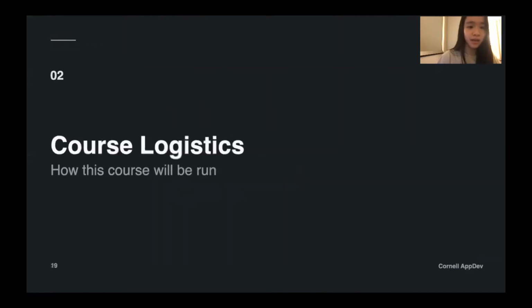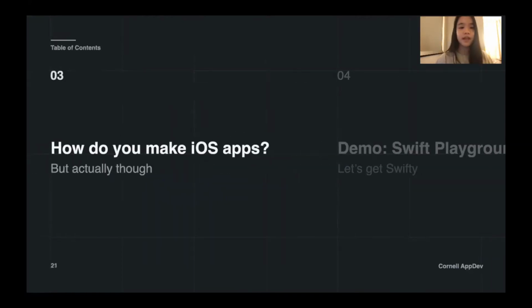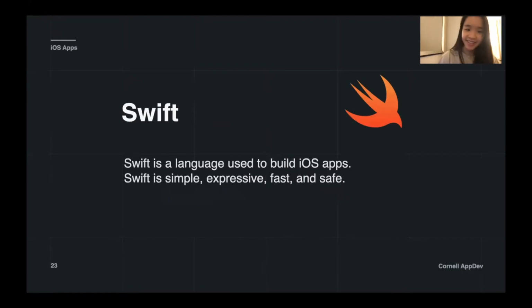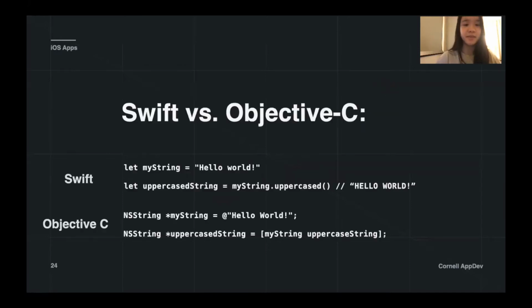And yeah, so how do you make iOS apps? Swift is what we use to make iOS apps. It's a simple, fast, expressive, and safe language, and really neat and clean. And for iOS and macOS, there are actually 2 languages that are primarily used to develop them, and those are Swift and Objective-C.